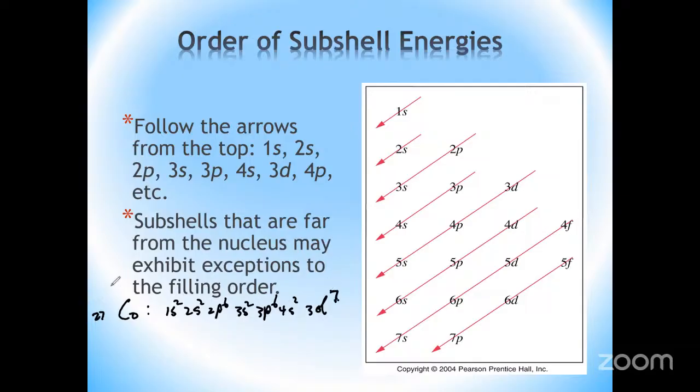Then I would look for the group 8 element that comes immediately before cobalt, and that would be argon. Argon has this electronic configuration right here. So to get the abbreviated version, it would be the symbol of argon in square brackets, followed by 4s2, then 3d7. Sorry for that. And that's how you do that. Any question about this one?